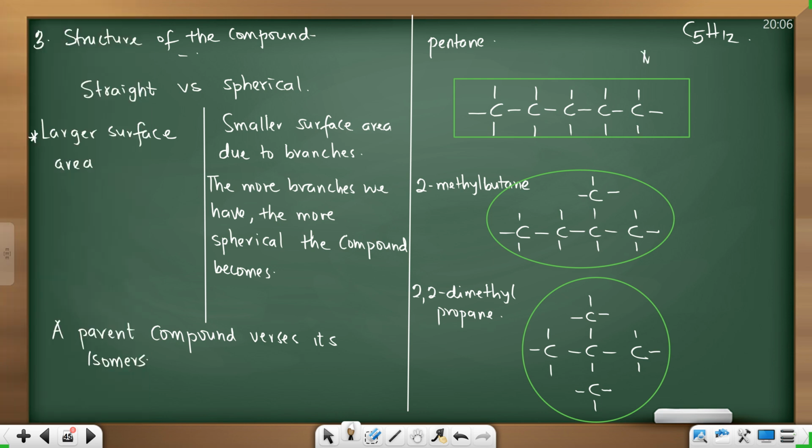Molecular mass. For all of them, 5 times 12 plus 12 is 72 grams per mole. This one too, molecular mass, 72 grams per mole. This one too, molecular mass, 72 grams per mole.